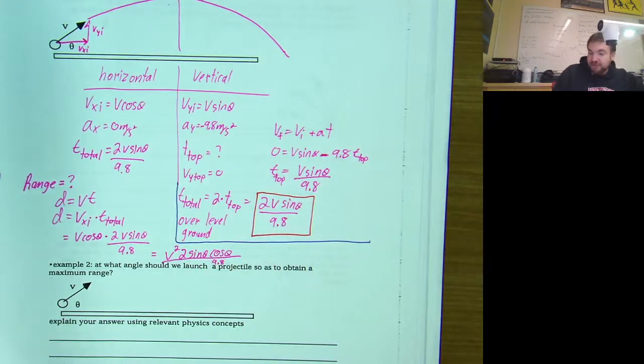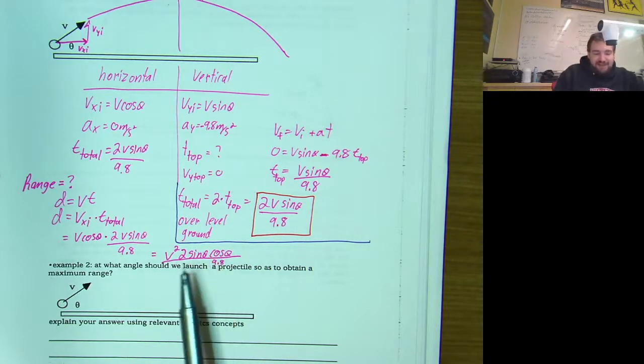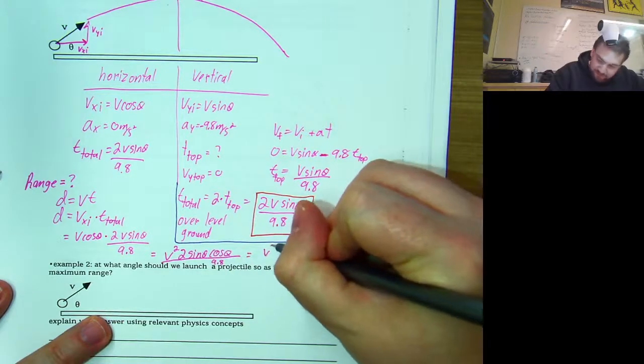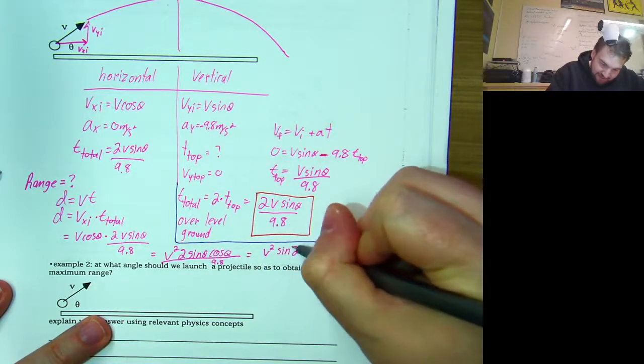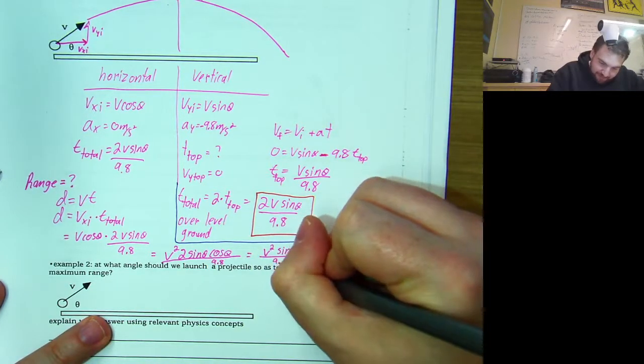Now there should be a relationship here that those of you who have taken pre-calc 12 have seen. 2 sine theta cos theta is a trig identity. This trig identity happens to be equal to sine 2 theta. So we're going to get v squared sine 2 theta all over 9.8.